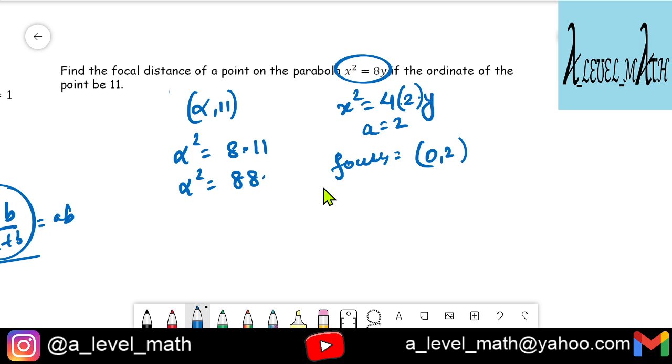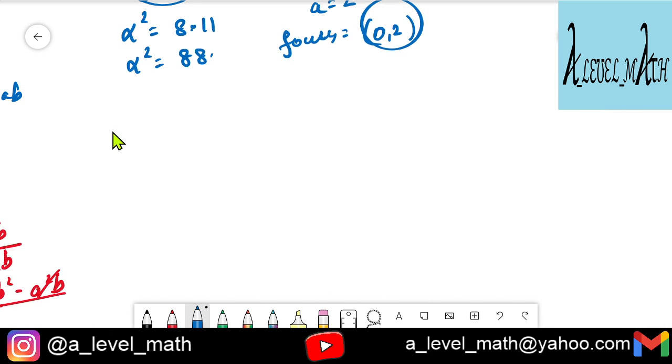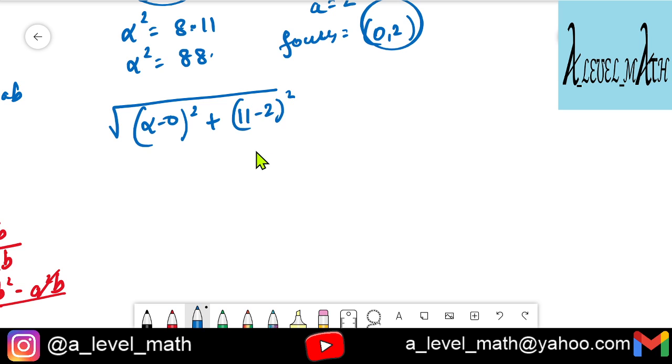Alright, now I need to find out the distance between this point and this point. So we know that the distance between 2 points is given by root over alpha minus 0 the whole squared plus 11 minus 2 the whole squared.